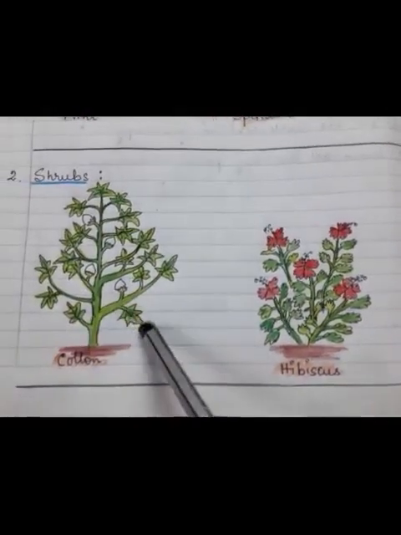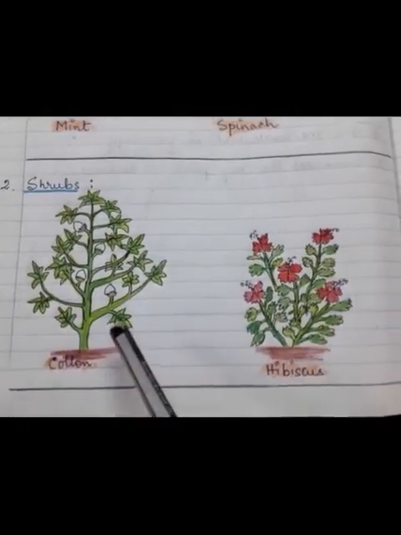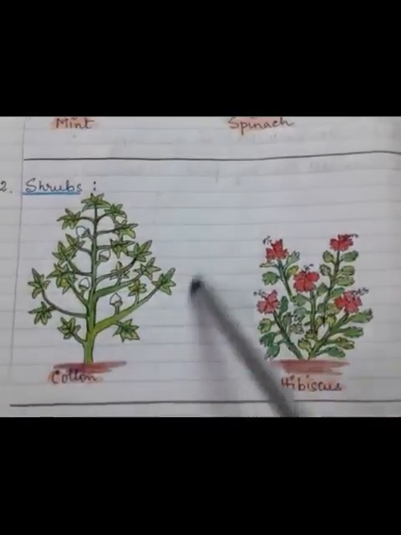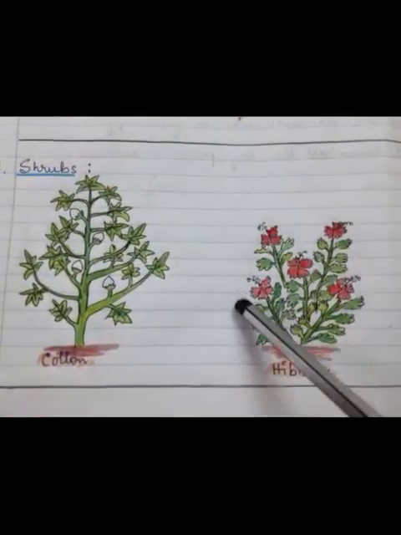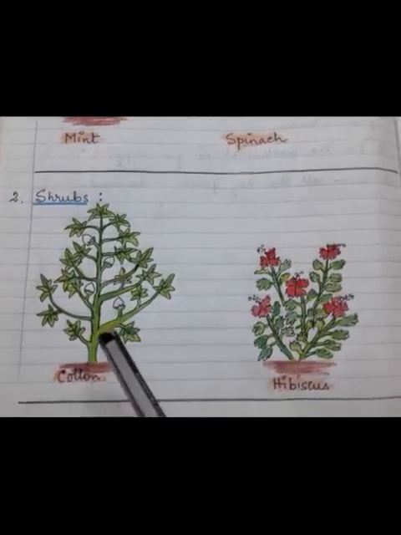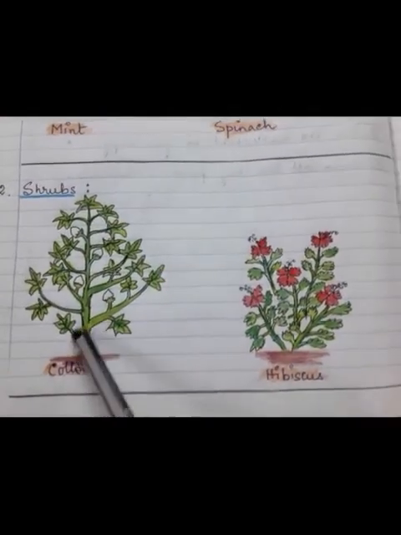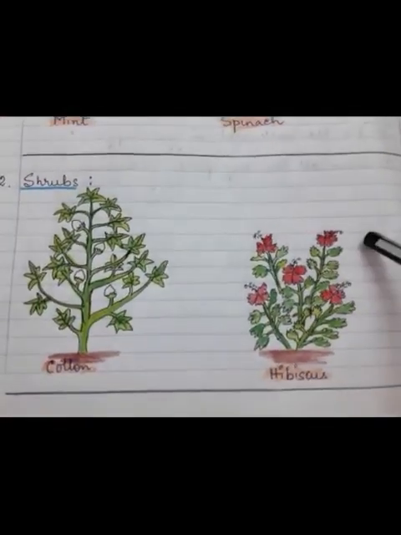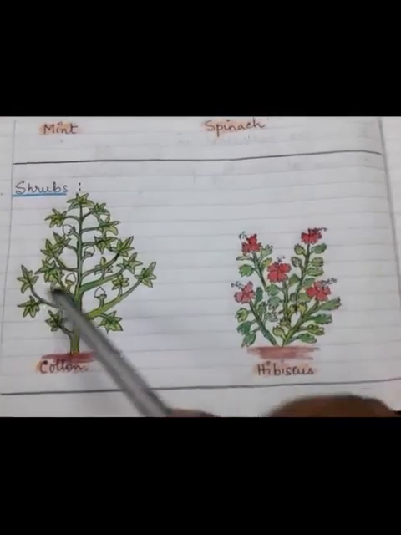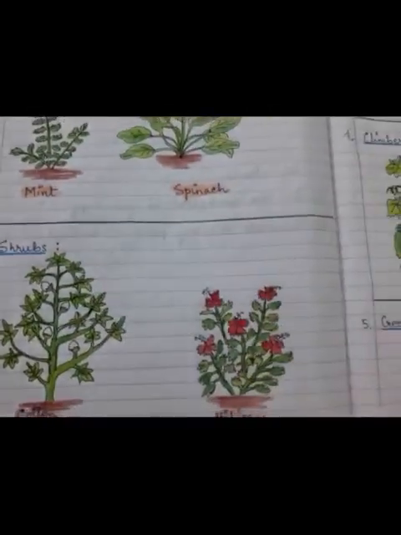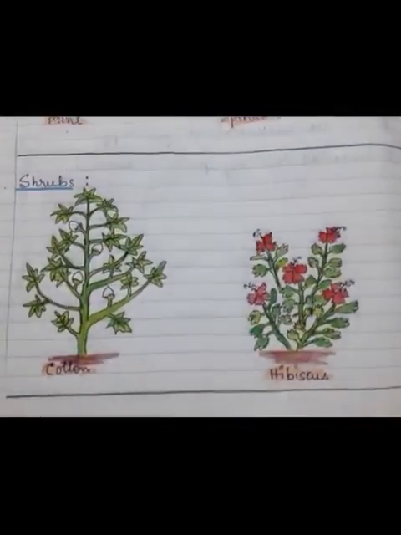Rose, hibiscus and cotton plants are examples of shrubs. I have drawn the cotton plant and hibiscus for you. Can you see them? They are smaller than trees and their stems are thin. They are woody, but not as much as a tree. And they appear like a bush. Clear? So they are bigger than herbs but smaller than trees. Understood?